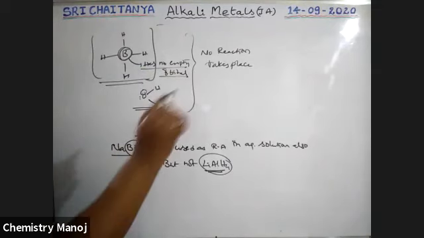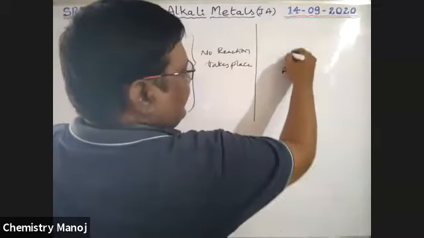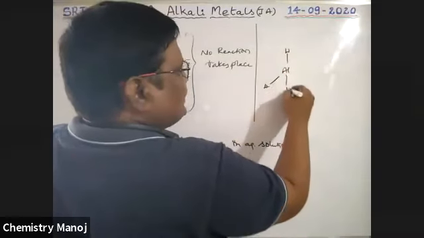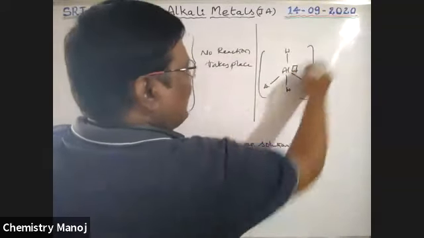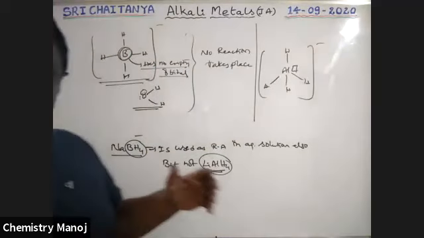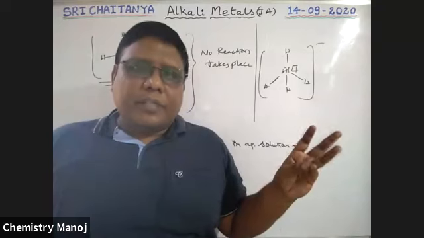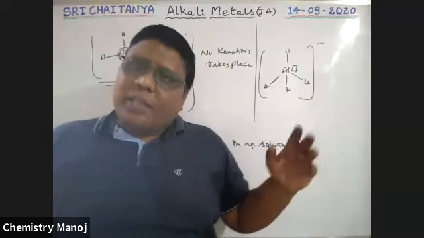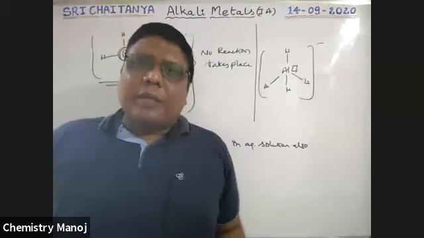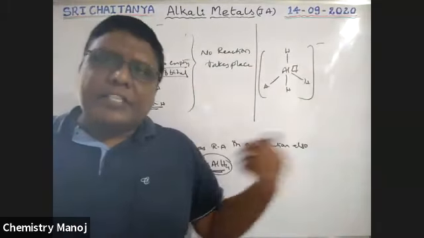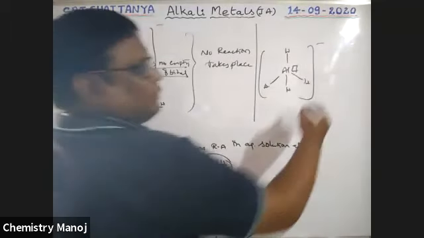For example, if AlH4 is taken, see here, it is tetrahedral in shape, just like that. But aluminum has empty orbitals. Aluminum is 13: 1s2, 2s2, 2p6, 3s2, 3p1. The empty p orbitals and particularly the d orbitals are there. Those empty 3d orbitals are responsible for reactivity with water.